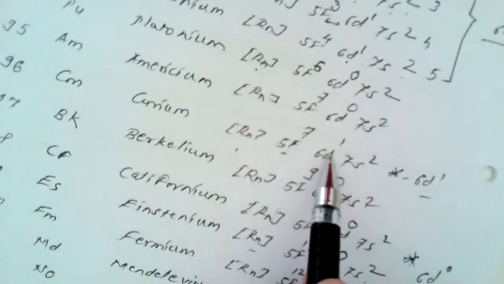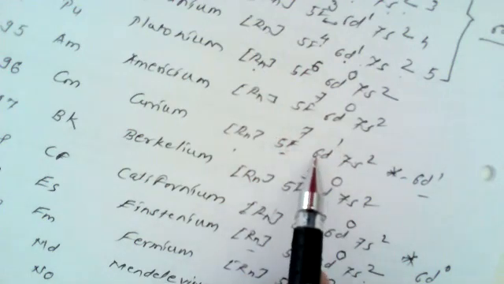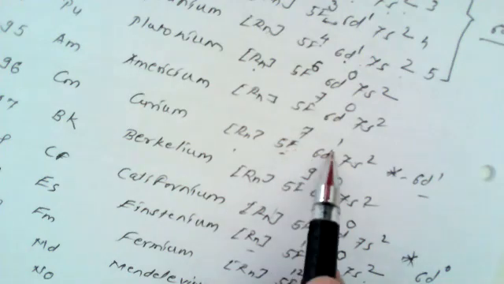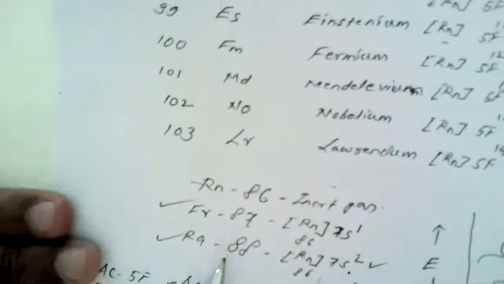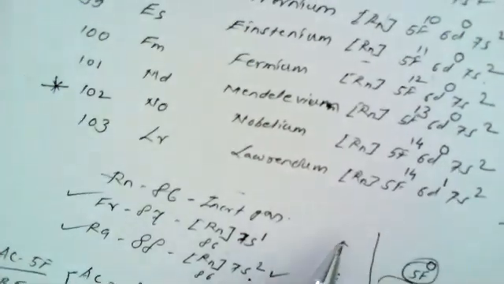One of the electrons is lost to the 6d level, and hence instead of 5f8 6d0 7s2, it becomes 5f7 6d1 and 7s2. So you have to mark this nobelium again by an asterisk sign. Why? Because nobelium has a completely filled electronic subshell.